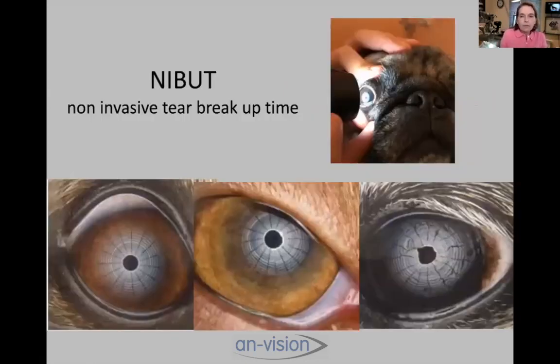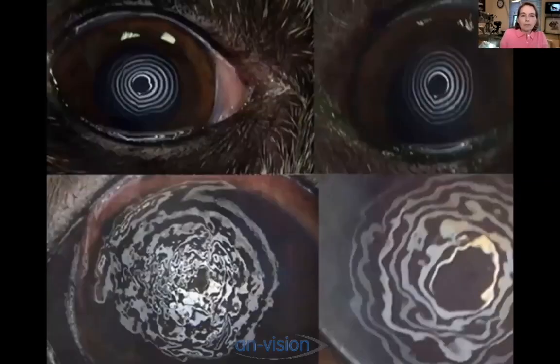Here you have some pictures with the placido rings intact, here you see the first breaks, and here you see a completely irregular picture. If you have a classic dry eye, an aqueous deficient dry eye, you would get pictures like below.